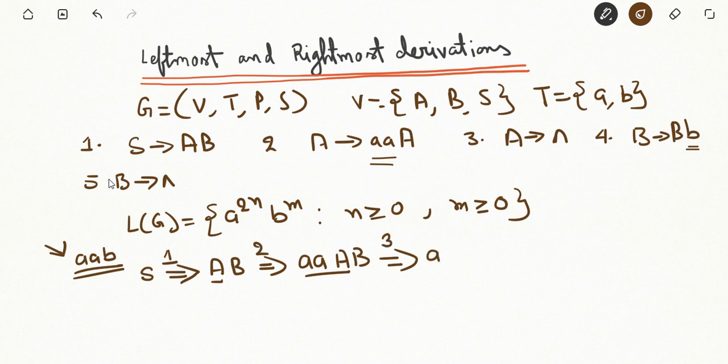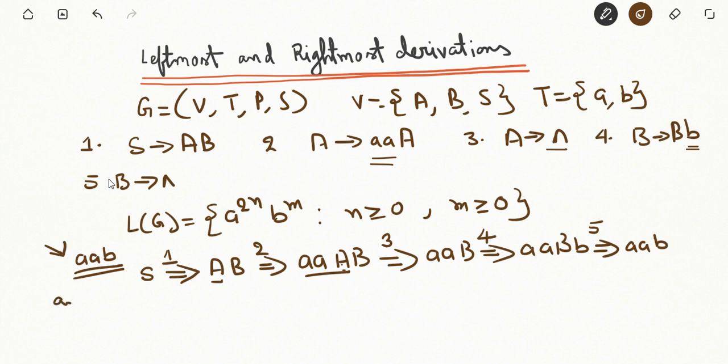So we are going to get aaB, because A is replaced by null, which just erases the symbol A. Next, apply the fourth production rule. So aabB. Next, apply the fifth production rule. So what we are going to get? aab.